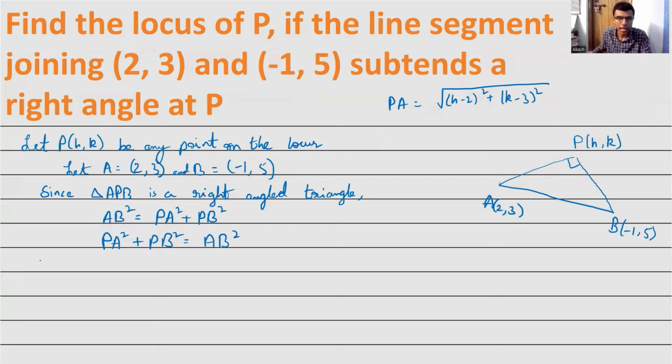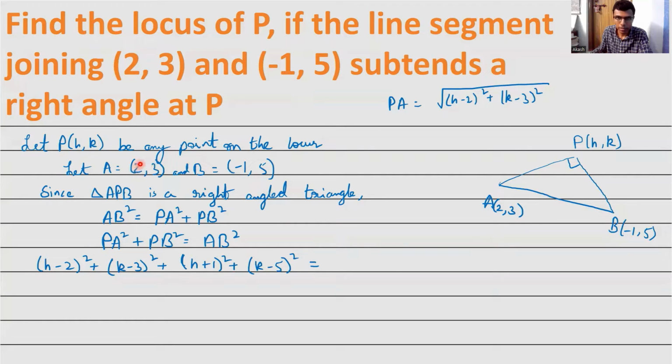Fine. So here I have h minus 2 whole square plus k minus 3 whole square plus PB square is similarly h plus 1 whole square, because B is minus 1, h minus of minus 1 whole square, which would be nothing but h plus 1 whole square plus k minus 5 whole square is equal to AB square.